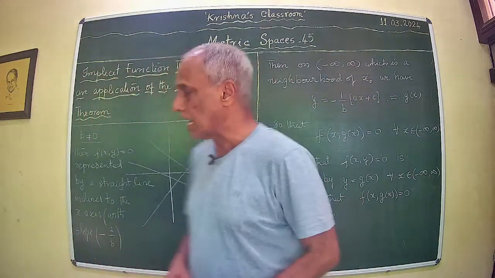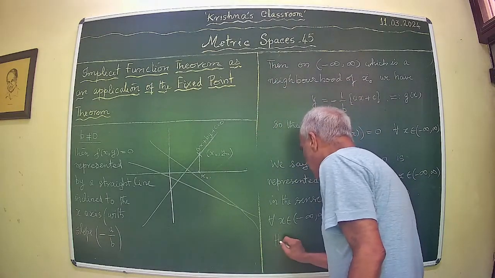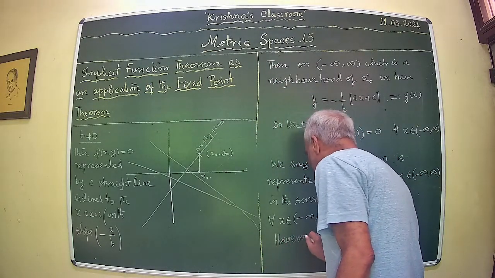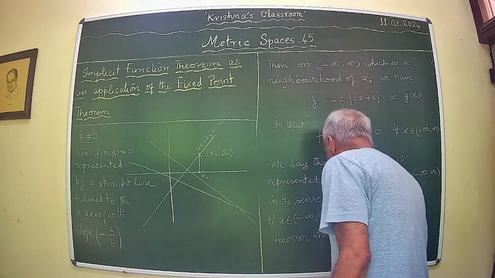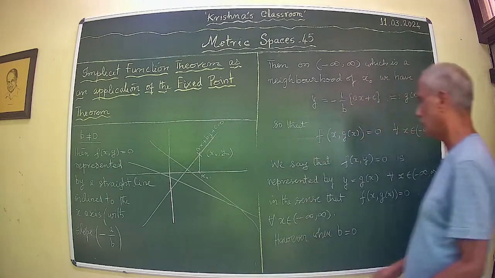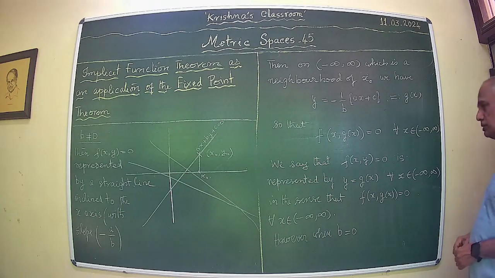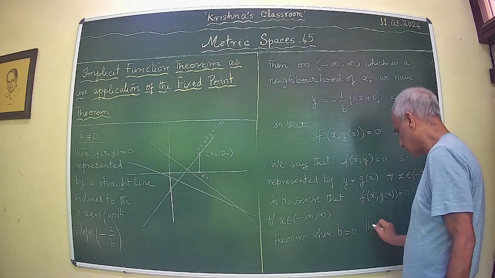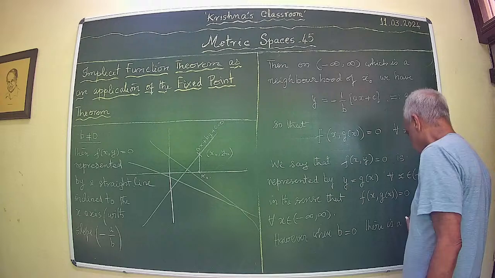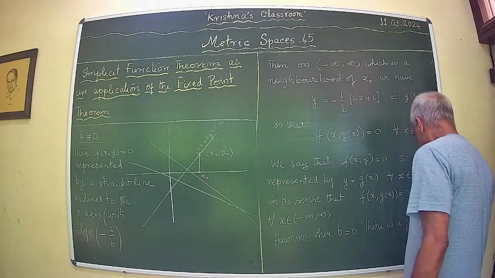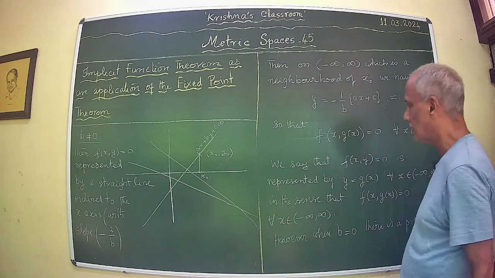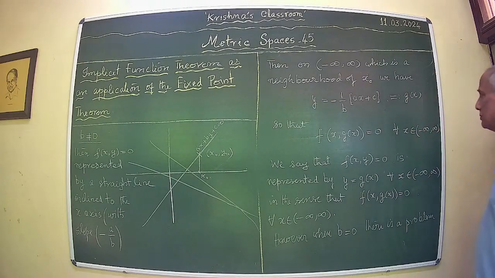Okay. However, there's a problem, because 1 by b is not a real number. Okay, it is either plus infinity or minus infinity.